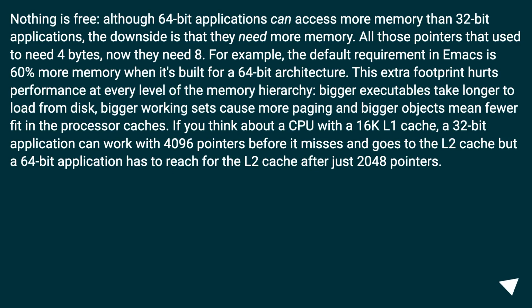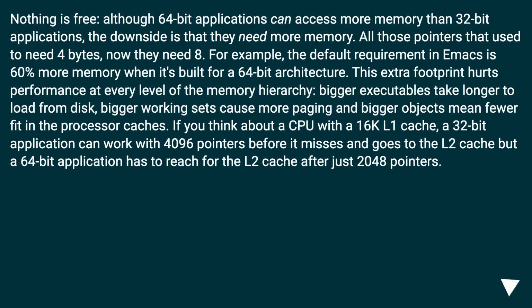Nothing is free. Although 64-bit applications can access more memory than 32-bit applications, the downside is that they need more memory. All those pointers that used to need 4 bytes, now they need 8. For example, the default requirement in Emacs is 60% more memory when it's built for a 64-bit architecture. This extra footprint hurts performance at every level of the memory hierarchy.